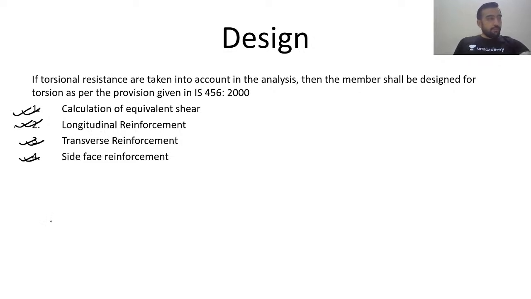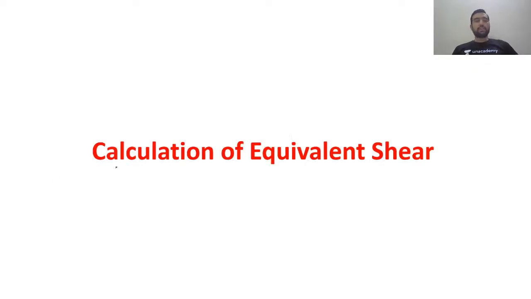So now, friends, let's see what is equivalent shear. I hope by now all of you know what is equivalent shear. Our principle was simply to break the torsional moment into 2 components: one is the shear component, another is the torsion component.